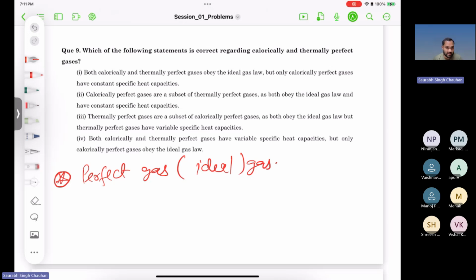So they do not occupy any space. Okay, they are very small. And all the collisions that are taking place between these molecules are perfectly elastic. So that is our ideal gas.